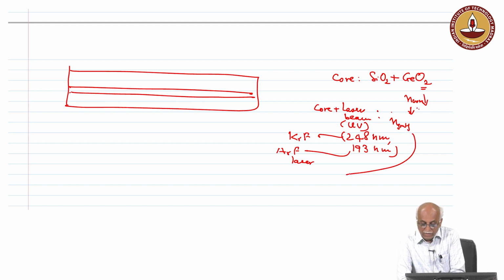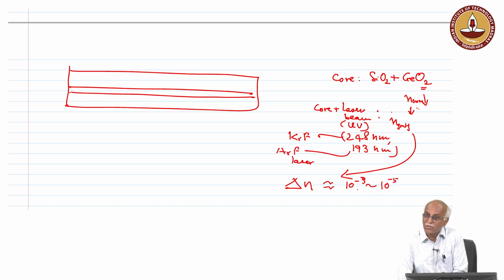This difference delta n is of the order of 10 raised to minus 3 to 10 raised to minus 5, a very small refractive index change, but that is good enough.